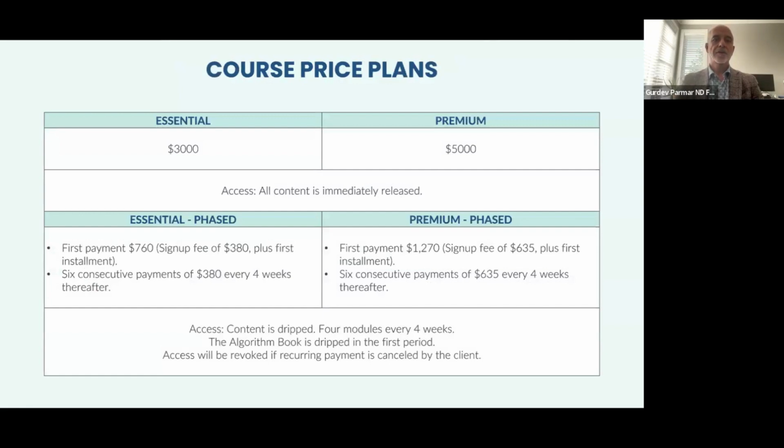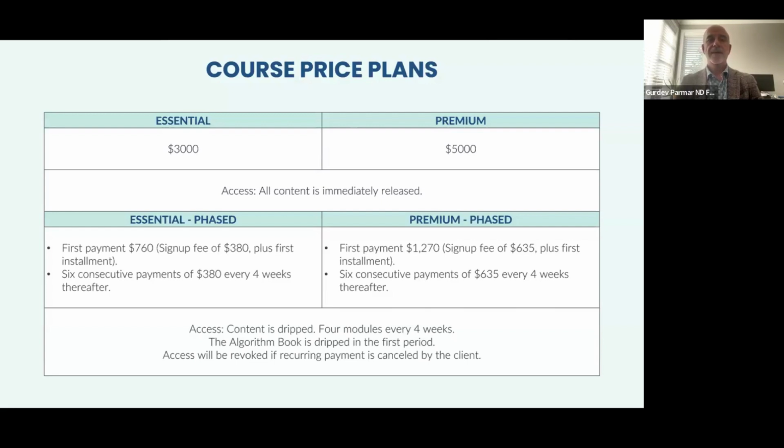These are the course price plans, the essential and the premium. We just completed this past week a payment plan. We did not have one originally, but we have worked hard to create it, and you can see what it is there.